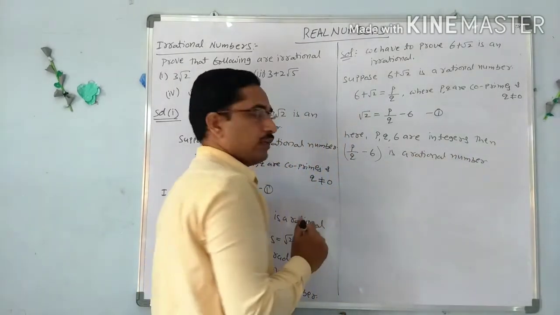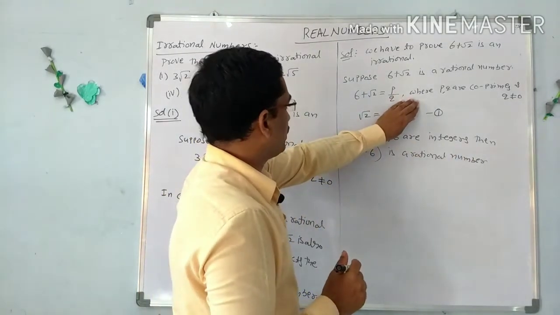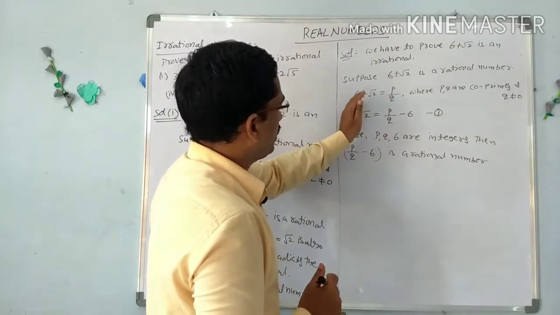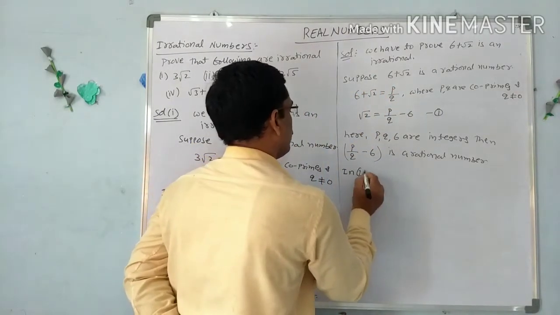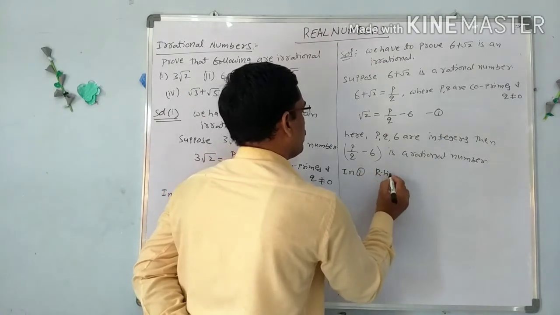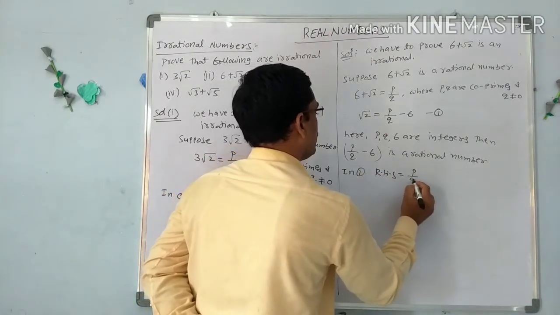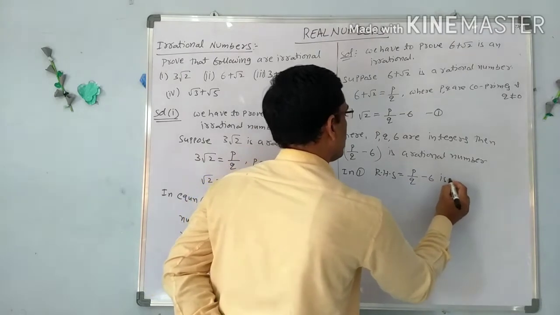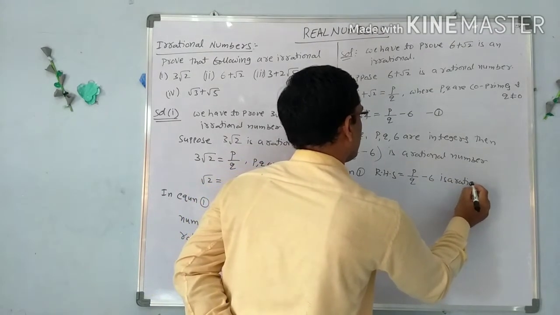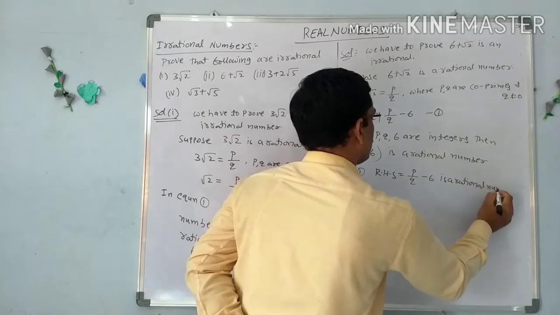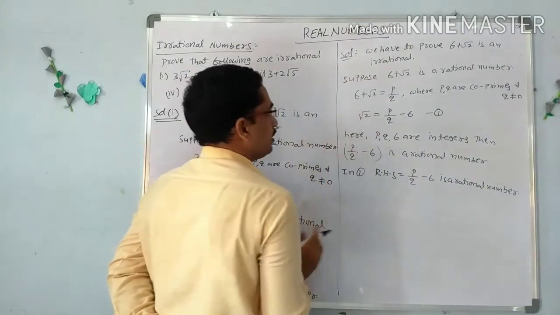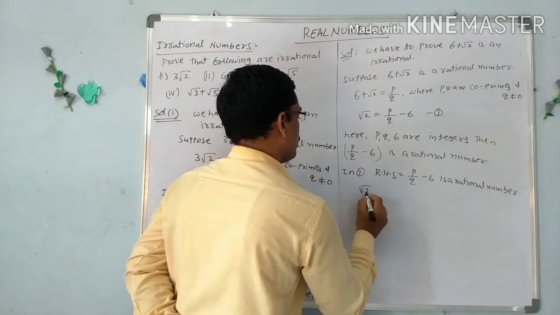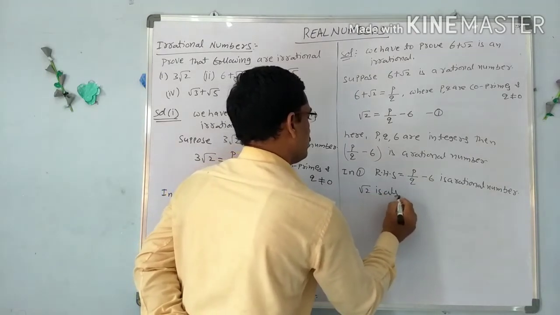Means in equation 1 the right side quantity is rational, then the left side quantity is also rational. In equation 1 RHS, p by q minus 6 is a rational number. If it is a rational number, then the left side value, root 2, is also rational.